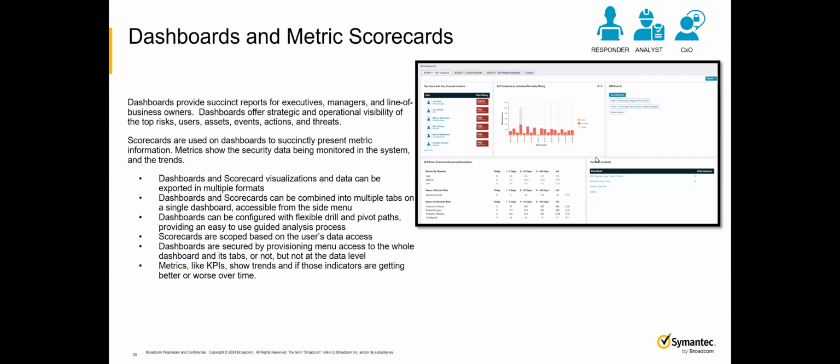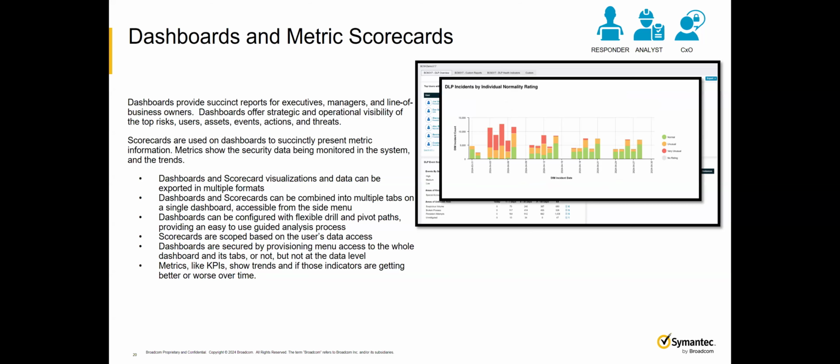The one in the middle at the top with the orange is based on that normality rating. And at the bottom right, that is showing totals based on risk models. I will come on to risk models in a couple of further slides. So that's the analyst and the responder.